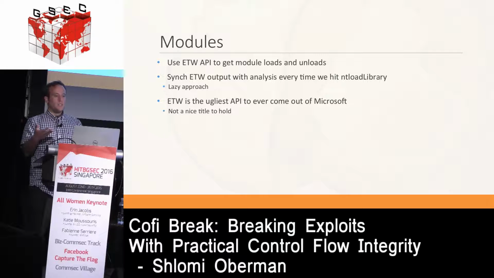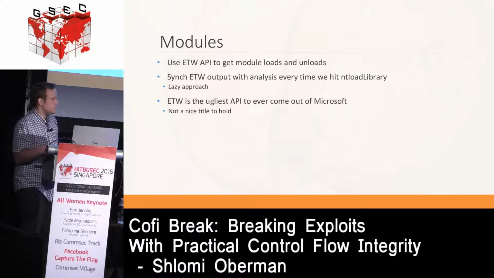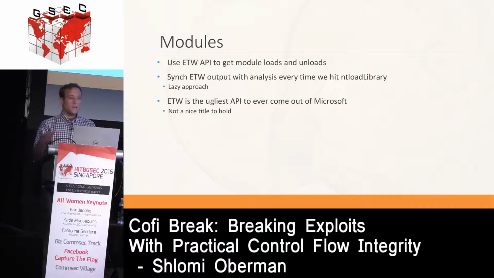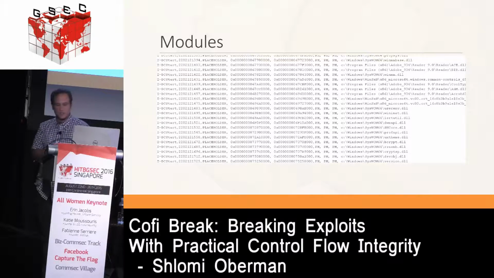So we actually can see every time the trace reaches LdrLoadDll or similar functions that cause a module loading, and then we can load the required module into memory, which we have on disk. That's about it. This is a screenshot of what module loading and unloading looks like: timestamps of the loaded modules, and the addresses and names of the loaded modules.